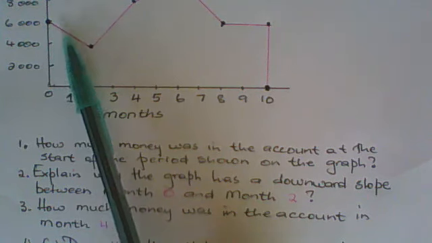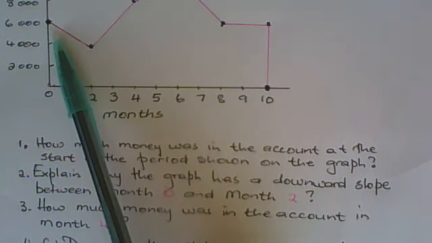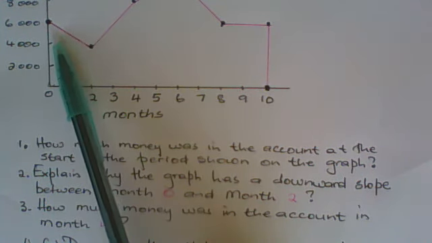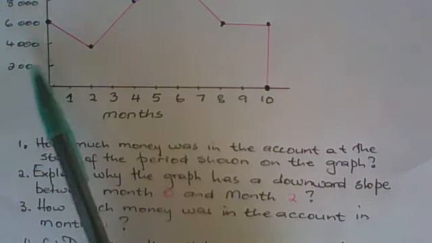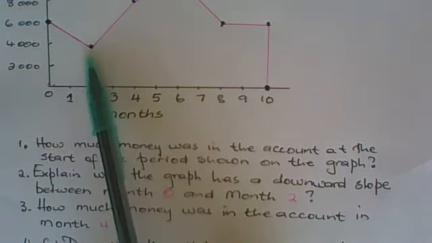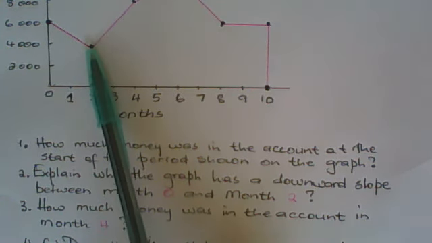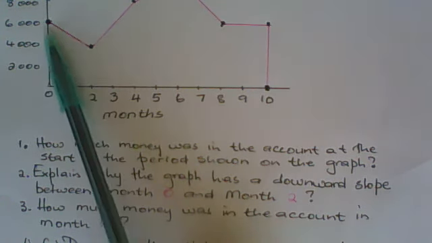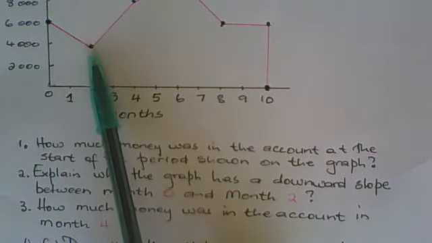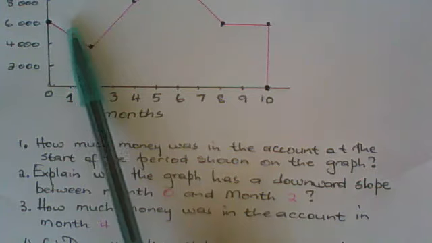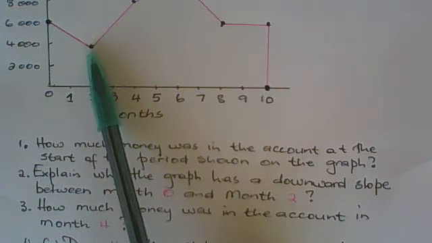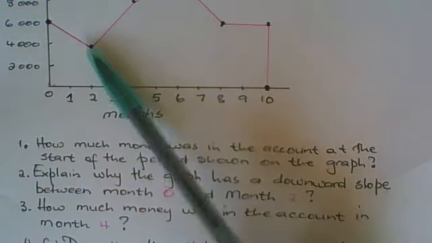The money was in the account. Now, how can that be 4,000? The account holder withdrew 2,000. That is exactly what happened. That is why the graph goes to a negative. It has a negative slope. That shows you that he withdrew.